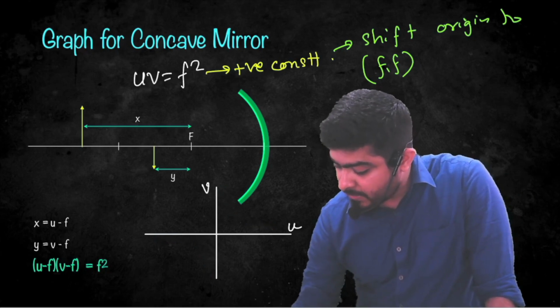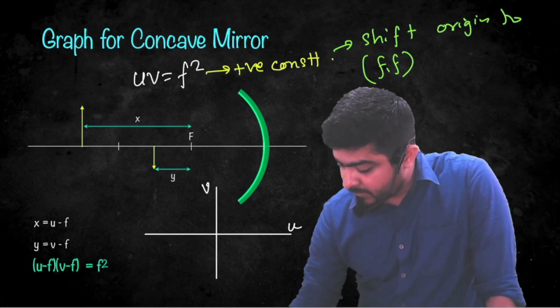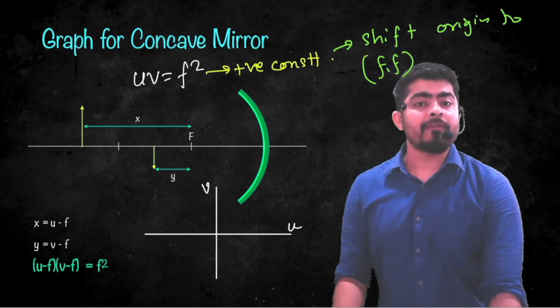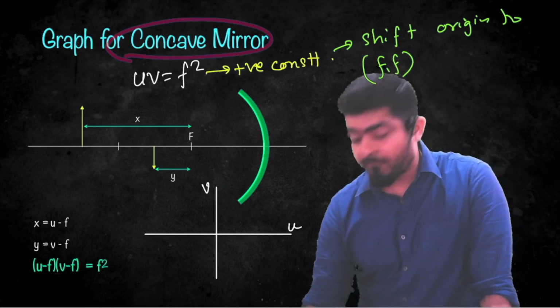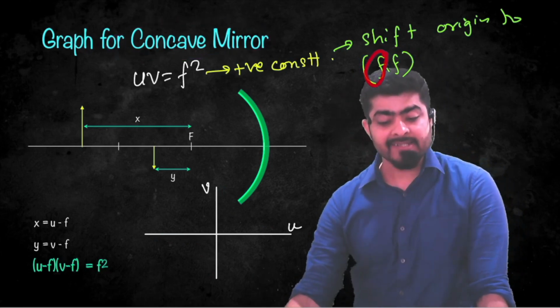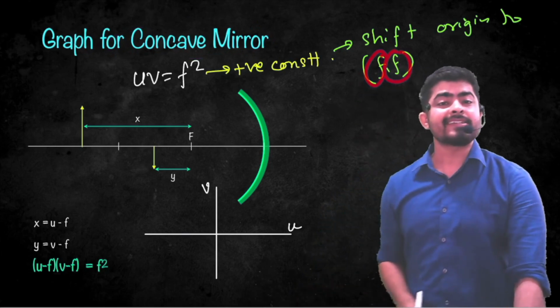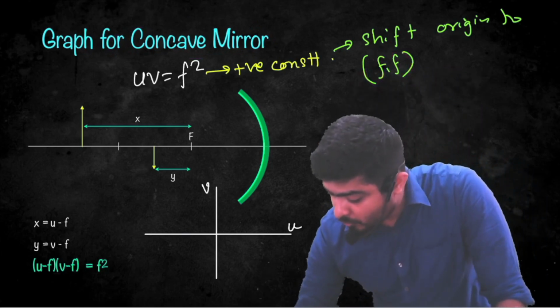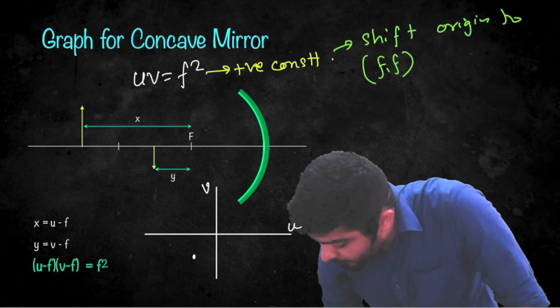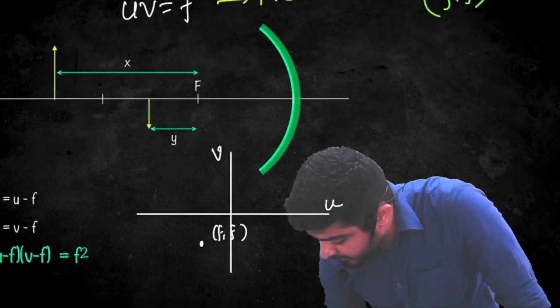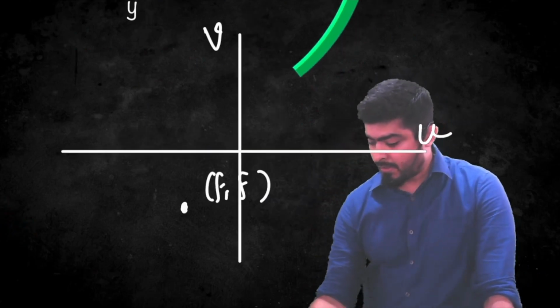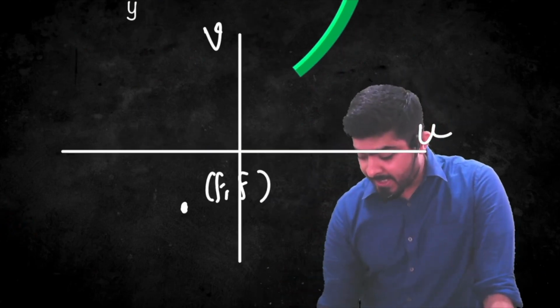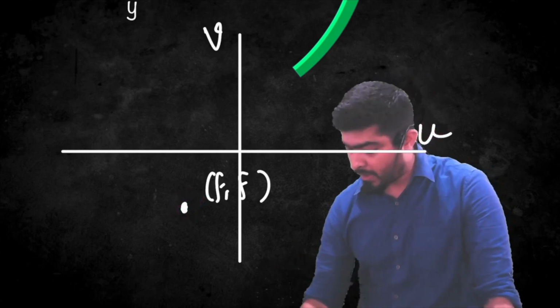My axes will be shifted with a new origin f comma f, and for a concave mirror f is negative, so this x coordinate is negative and this y coordinate is negative. Okay, so the point f comma f will be somewhere over here. This is my point f comma f, right? x is negative, y is negative, so this point is in the third quadrant.